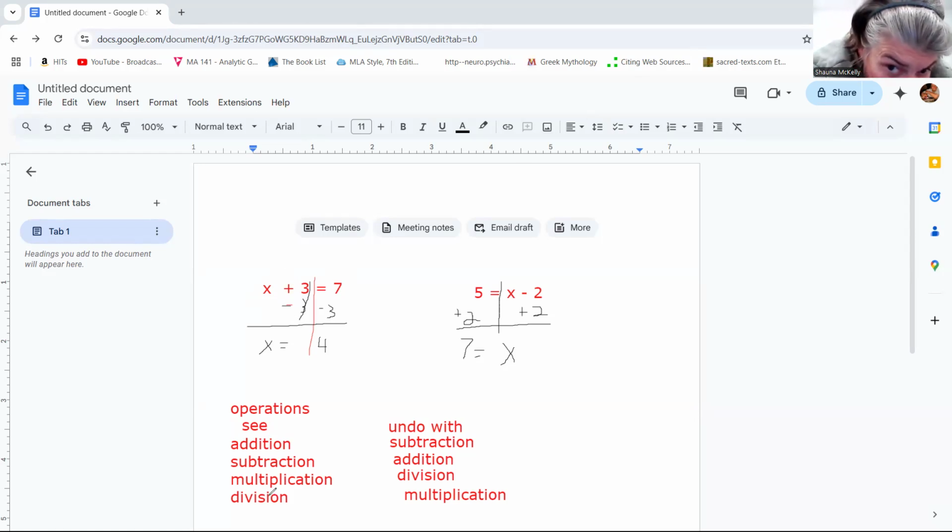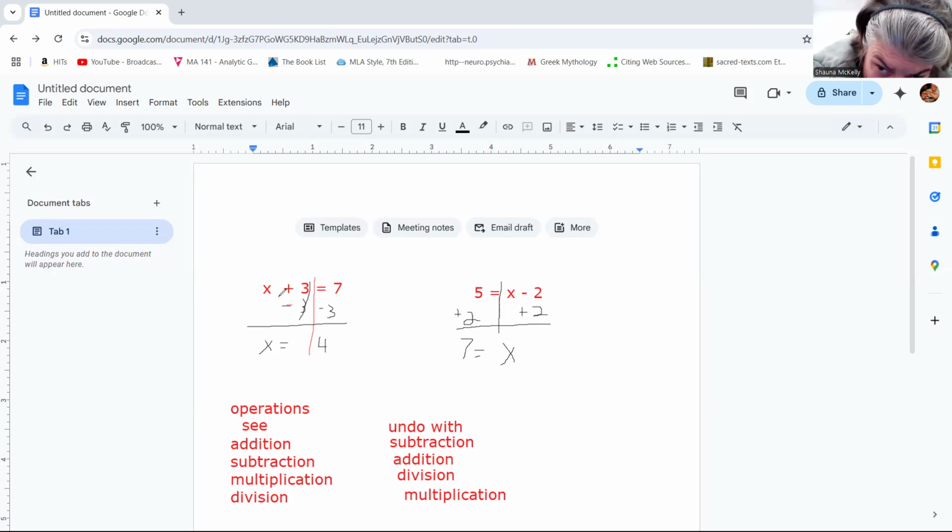The operation that I see, I have to undo in order to solve the equation. So if I see addition, I undo it with the opposite operation, which is subtraction. If I see subtraction, I undo it with addition. If I see multiplication, I undo it with division. If I see division, I undo it with multiplication.